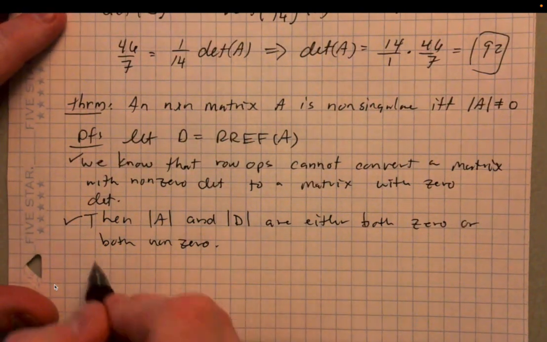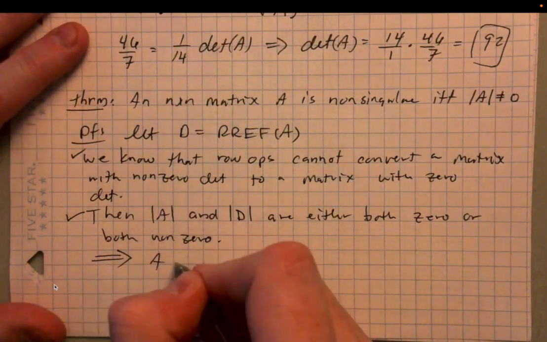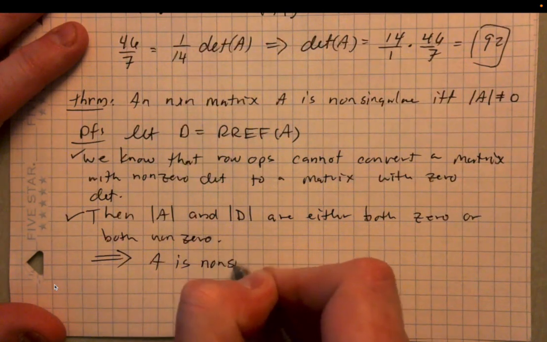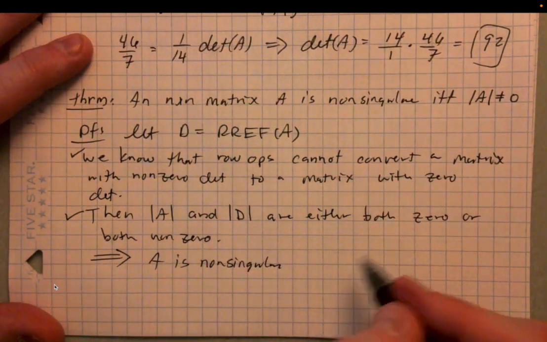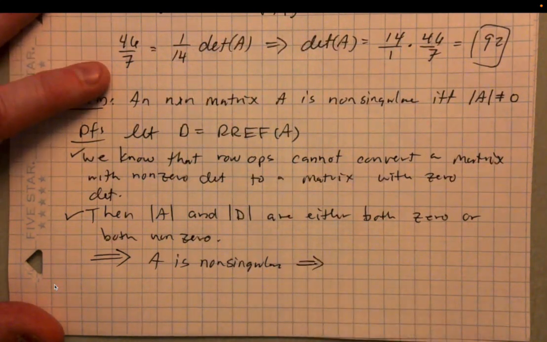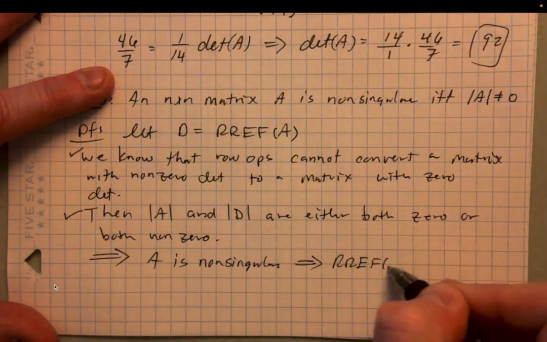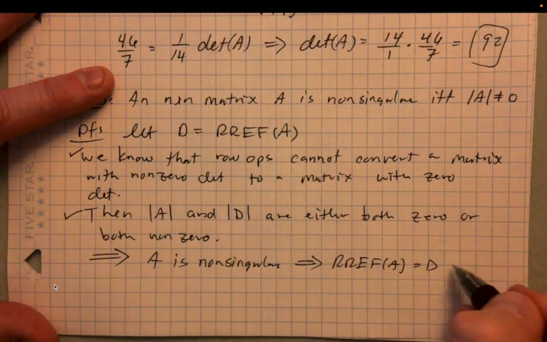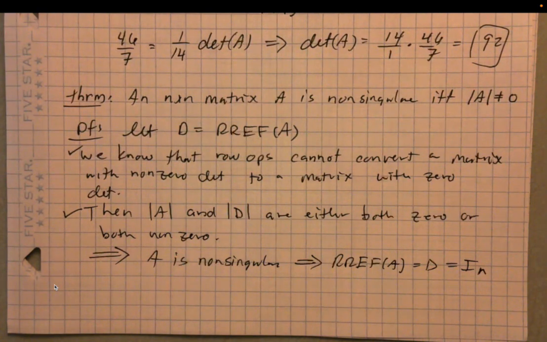Let's go the one way first. If A is non-singular, then we saw previously that non-singular matrices are row equivalent to the identity matrix. So that means the reduced row echelon form of A, which we call D, is equal to the identity matrix.